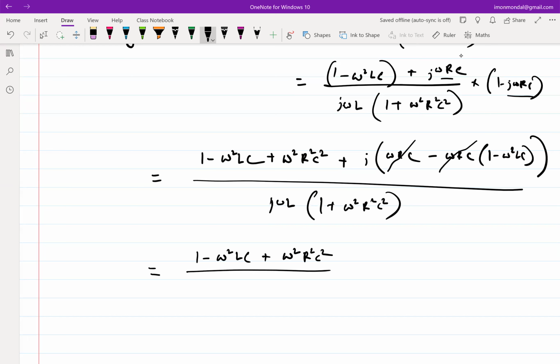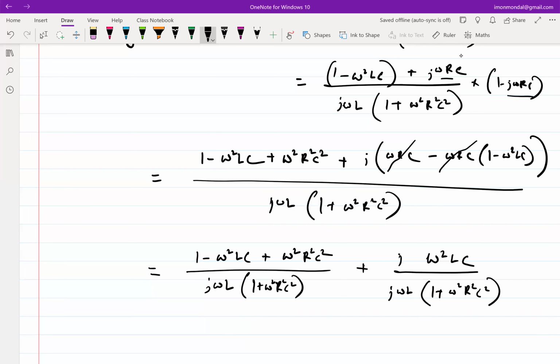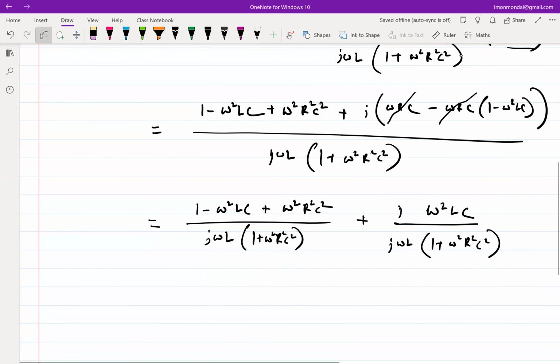by j omega L square. And it becomes plus j times omega square LC by j omega L. Right, so this becomes the real term, and the other one becomes the imaginary term.